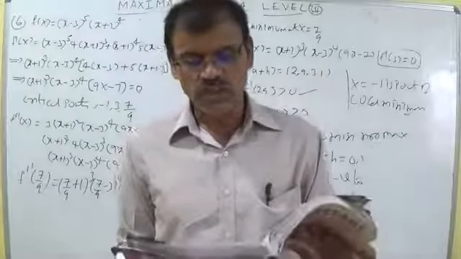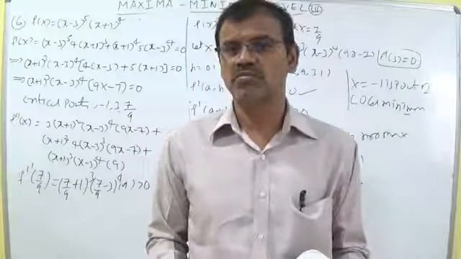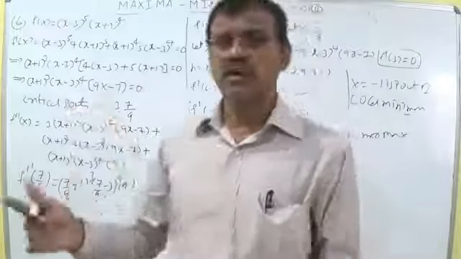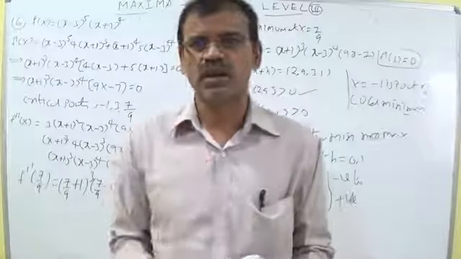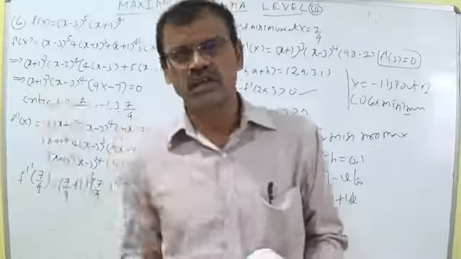Once again students, you verify the question. Whether you may get it wrong, simply leave the question, because these first derivative tests are just for learning. You cannot face such first derivative tests in any exam.